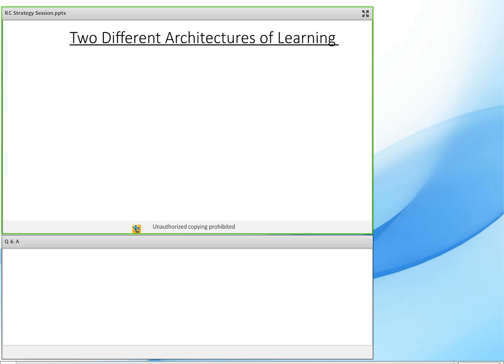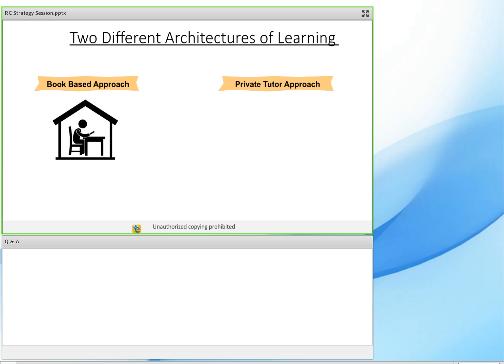When you think about the learning architectures that are prevalent today worldwide, regardless of whether you're talking about the context of GMAT or learning in general, you're going to find 2 different learning architectures. One is what we call the classical book-based learning architecture, and the second is a private tutor-based learning architecture.